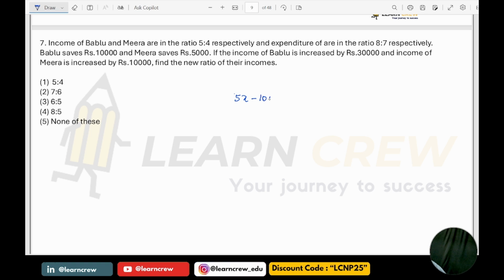Expenditure is 5x minus 10,000 and 4x minus 5,000. The expenditure ratio is 8:7. From this, 7 5s are 35, 8 4s are 32. So 70,000, 40,000. Thereby I will get 30,000. Thereby I got x as 10,000. X is 10,000 means income of Bablu is 50,000 and income of Meera is 40,000.